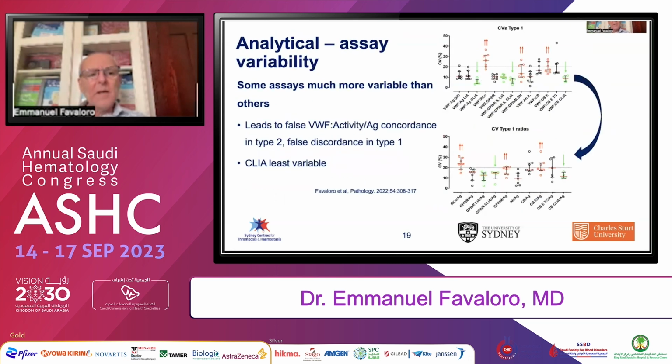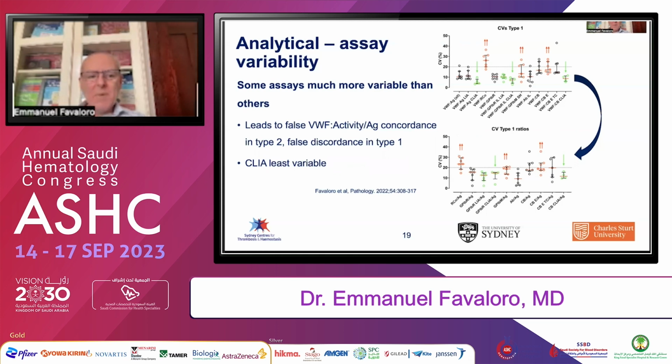Another main problem with assays of von Willebrand factor is assay variability. This cartoon on the right is showing you some of the variability. Some assays are much more variable than others. Again, the routine ristocetin cofactor is one of the more variable assays, but in our study the glycoprotein 1bM was also quite variable, and so was the collagen binding performed by ELISA.